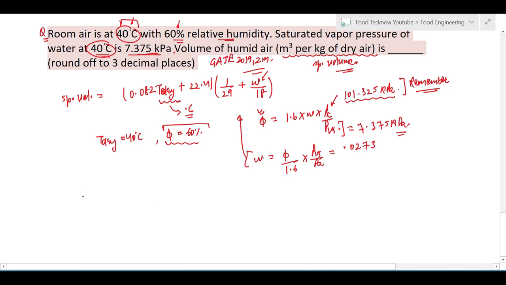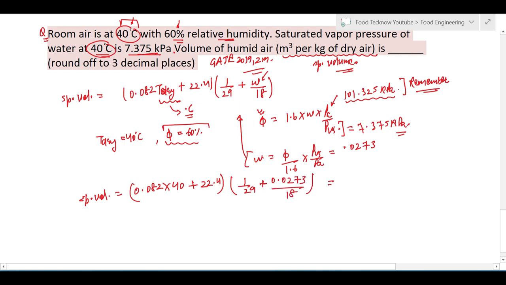So the specific volume will be equal to 0.082 into (40, which is the dry bulb temperature, + 22.4) into (1 divided by 29 + W, that is 0.0273, divided by 18).